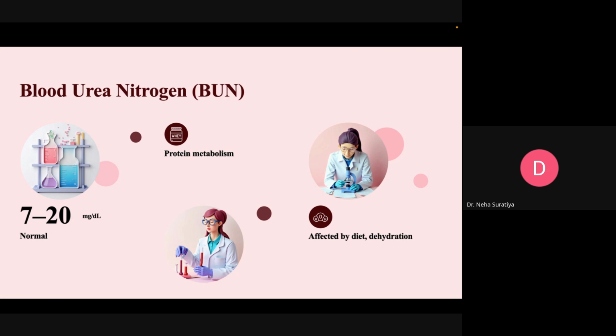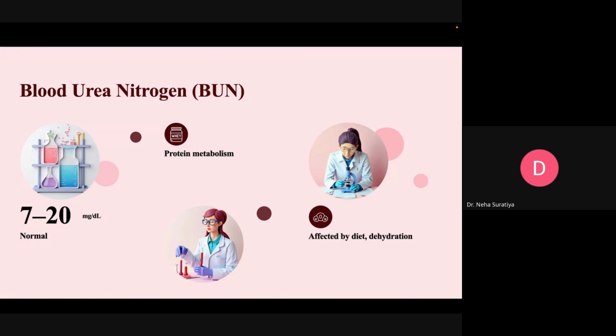So the normal BUN range is written here. See, 7 to 20 mg per dL is the normal range for the BUN approximately. It is written in milligrams per deciliter. An important point to understand is that BUN is influenced by many types of non-renal factors also.